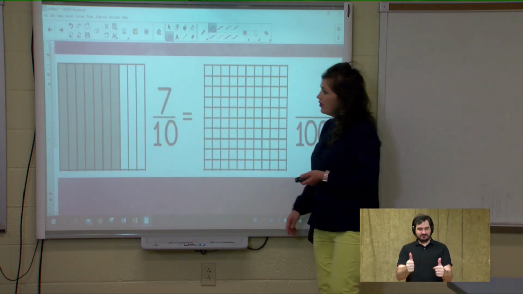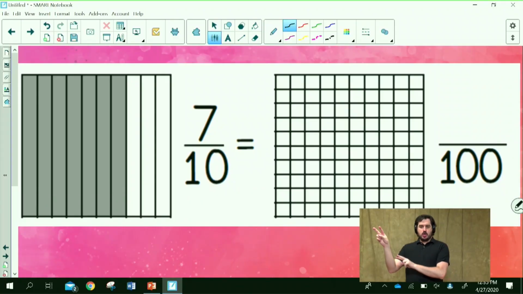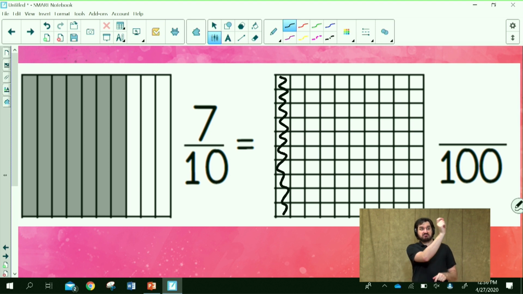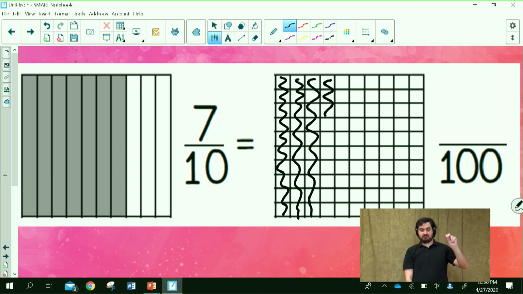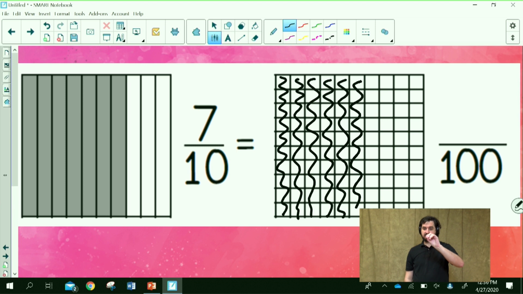So let's look. We have 7/10 shaded over here. Well, how many hundredths do I need to shade? All right, I could shade 10, 20, 30, 40, 50, 60, and 70.